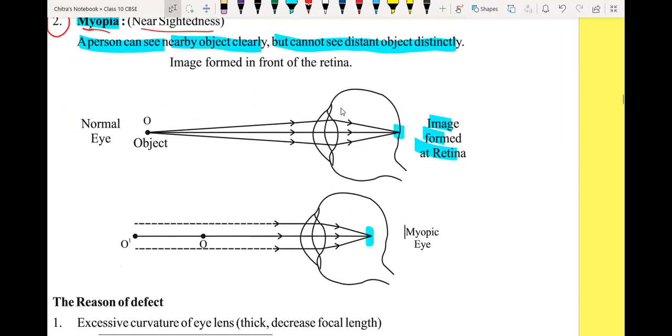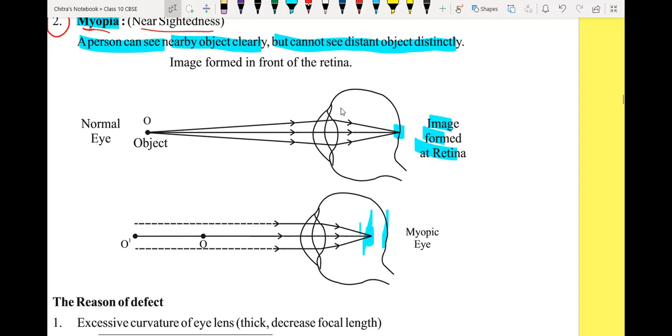If they focused on the retina, the image would form clear. But before reaching the retina, they form the image in front of the retina. Why are we unable to see distant objects? Because the image is formed in front of the retina, not on the retina.